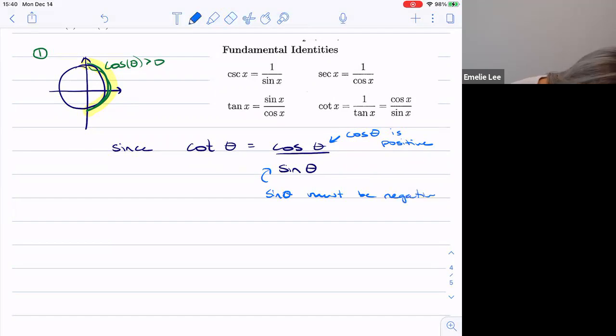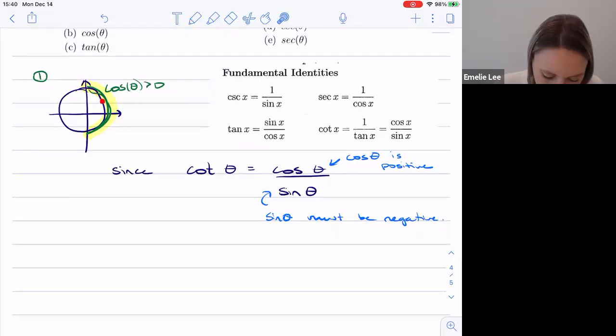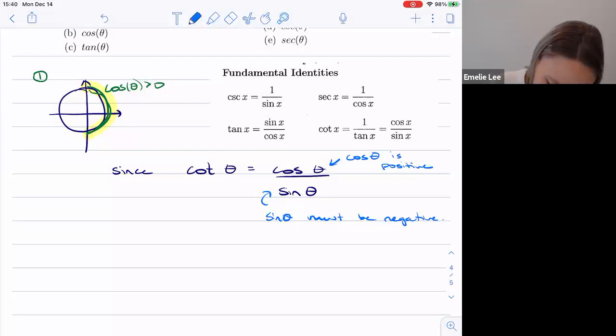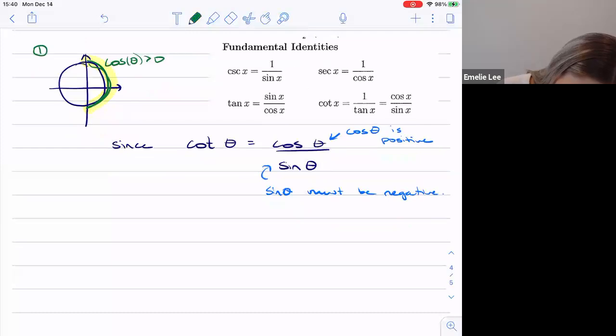That tells me which quadrant I have to be in. Here cosine of theta is positive, on this side, so my x values have to all be positive. Up here in the first quadrant, both my sine and my cosine are positive. Versus down here in the fourth quadrant, my sine is negative, but my cosine is positive. So therefore, we are in the fourth quadrant.